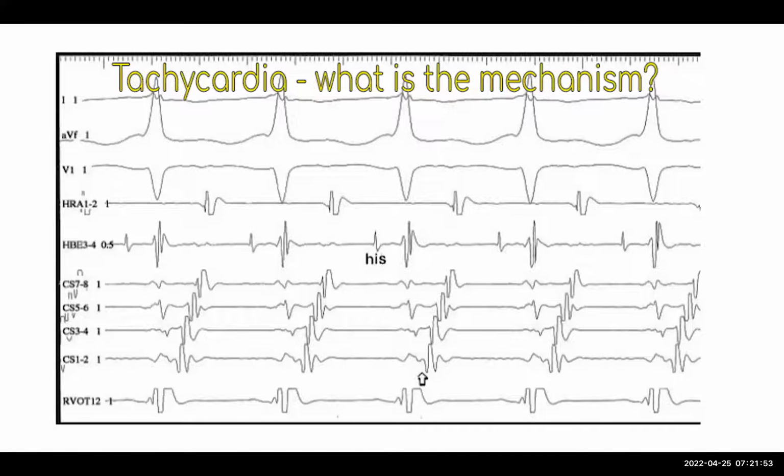So if we're in tachycardia, because if we were not in tachycardia and we saw pre-excitation, then it would not be concealed. So we're in tachycardia right now. Can you tell in tachycardia if it's concealed or if it's a WPW pathway? I think you're almost about to say the right answer.